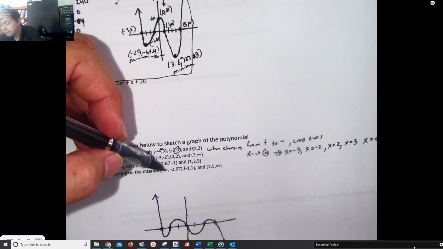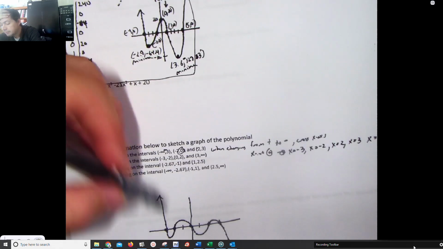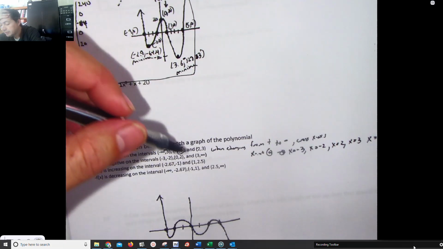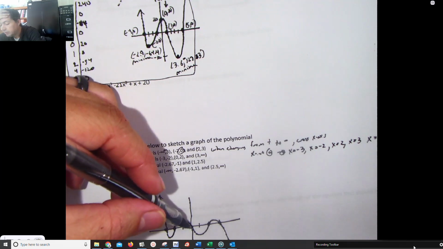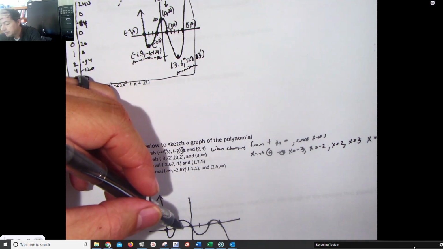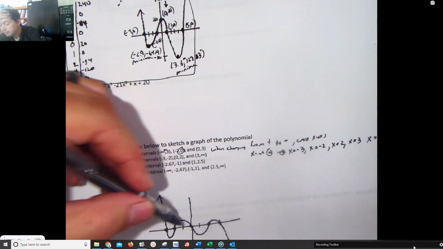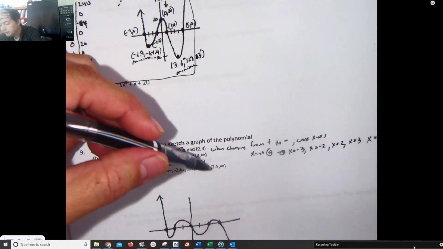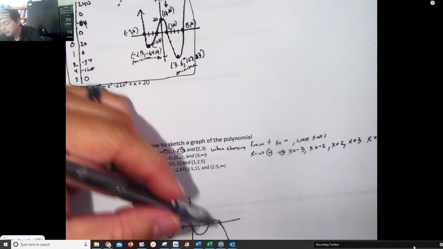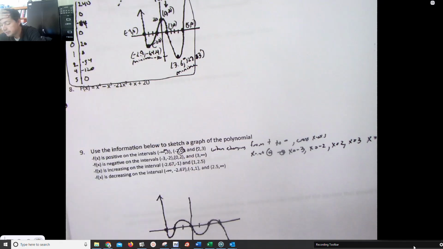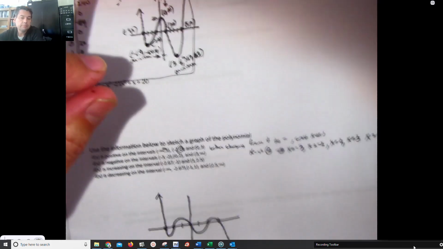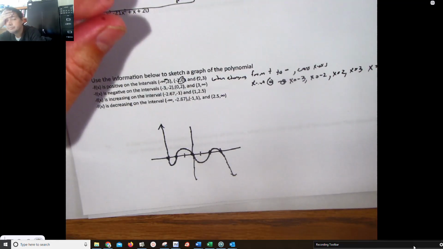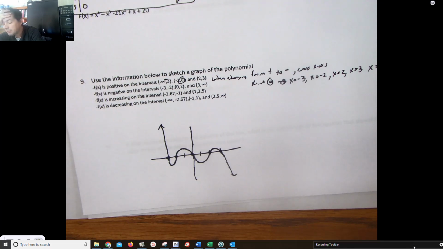Decreasing from negative infinity to negative 2.67, yeah, it's going downhill. From negative 1 to 1, yeah, it's downhill. From around 2.5 to infinity, also true, downhill. So that's what the graph looks like. If you're curious, it's probably a 5th degree polynomial.